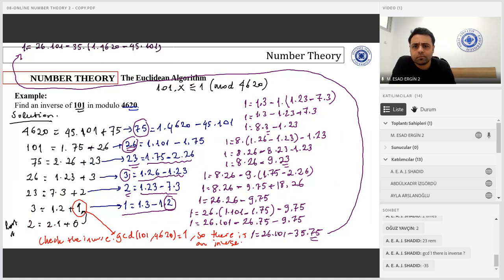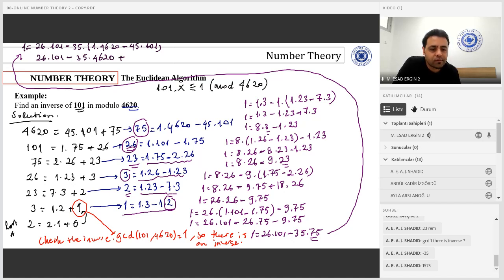Okay, this one is better. So 26 times 101 minus 35 times 4620, plus, what is the multiplication of 35 and 45? It is 1575.